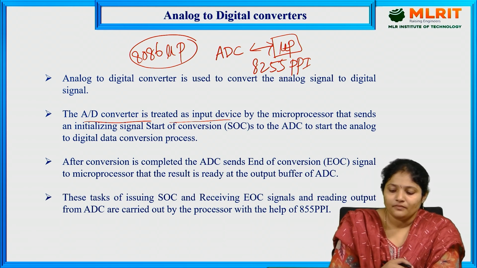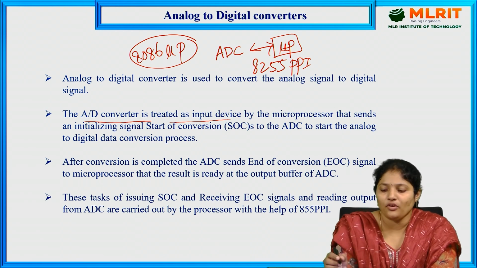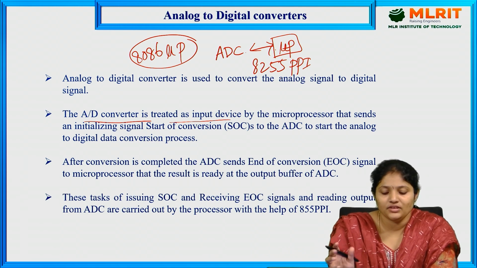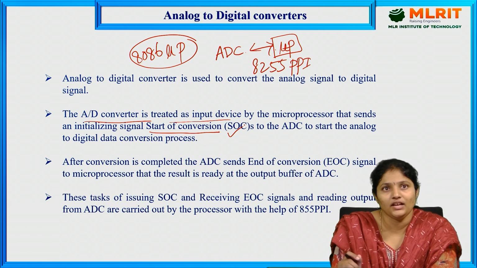So how do these A to D converters work? Basically, if the A to D converter needs to start conversion, the microprocessor will give the start of conversion signal, SOC, to the A to D converter.